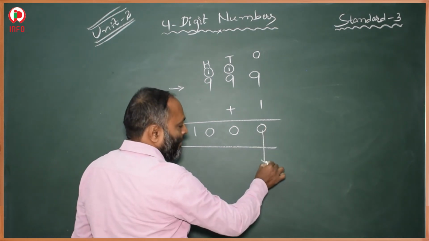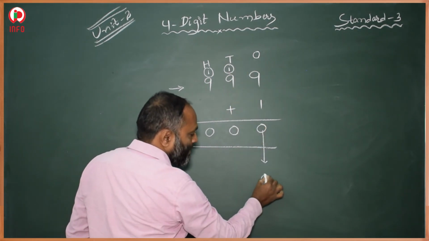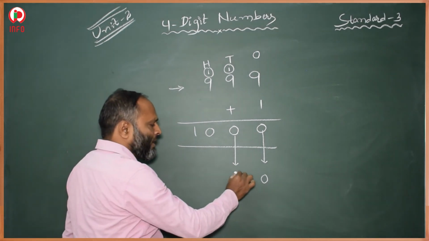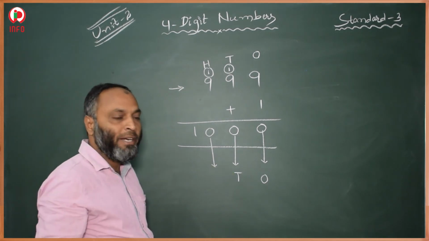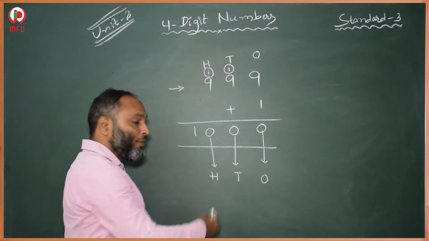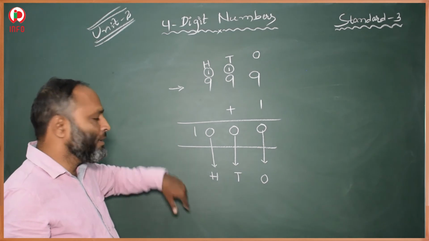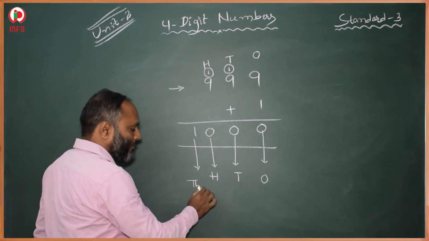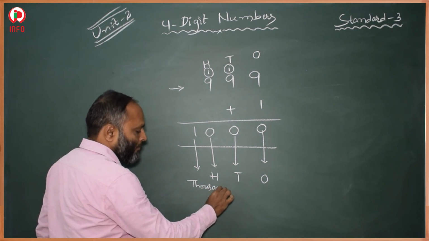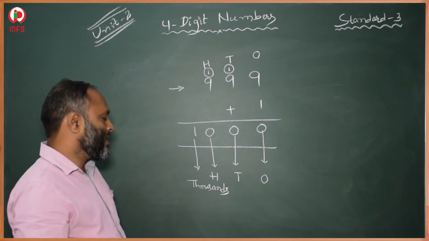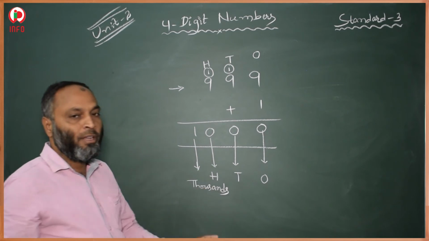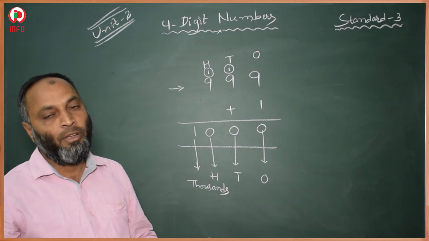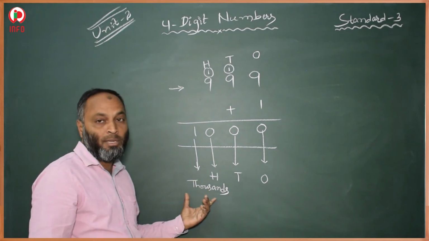This place value we know is the ones place, this is the tens place, this is the hundreds place, and the fourth one, what we are going to learn, is the thousands place. The fourth digit, one more extra digit we are going to learn, is the thousands place.